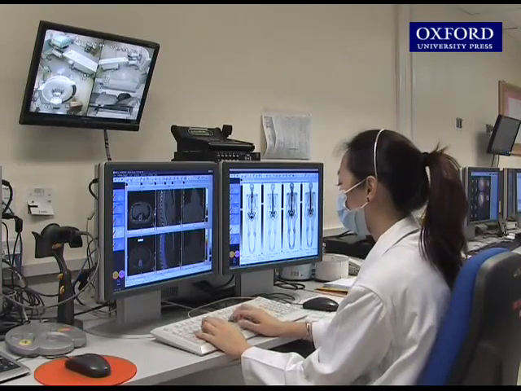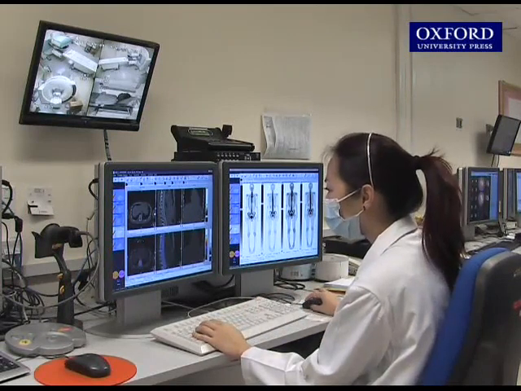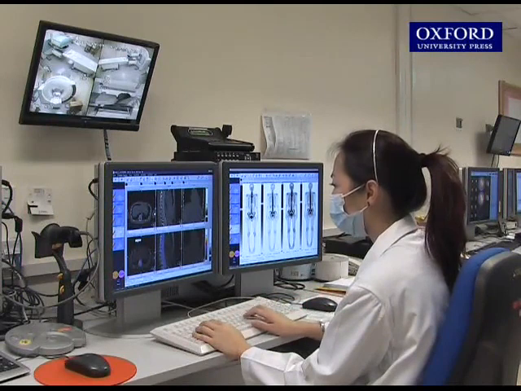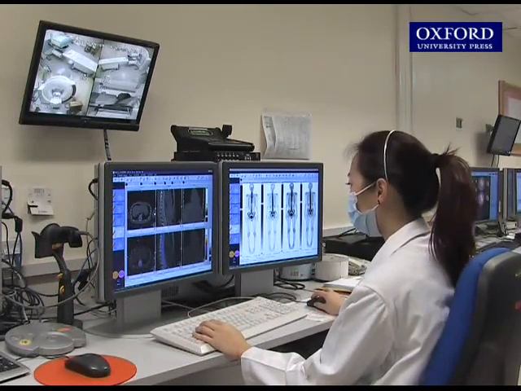The radiographer in another room monitors the patient through the CCTV and controls the gamma camera with the computer.